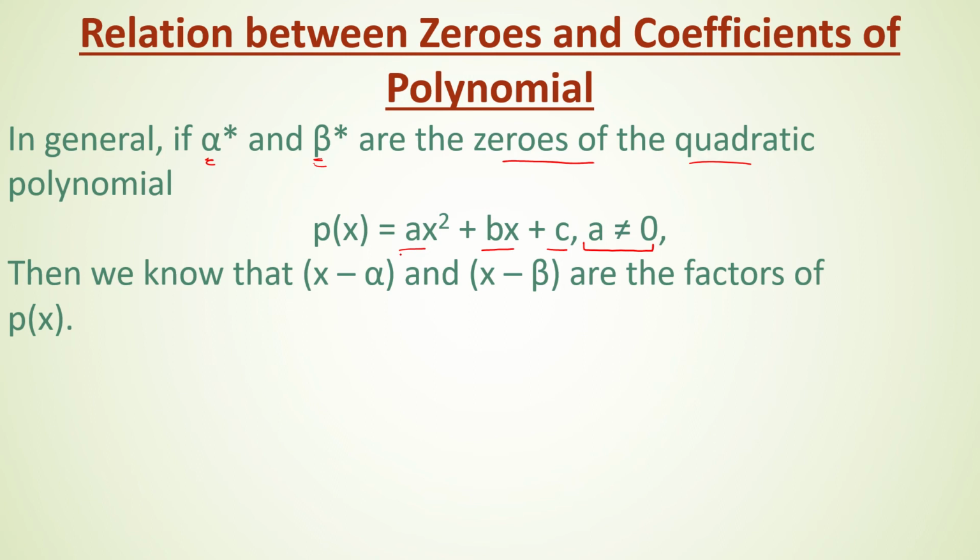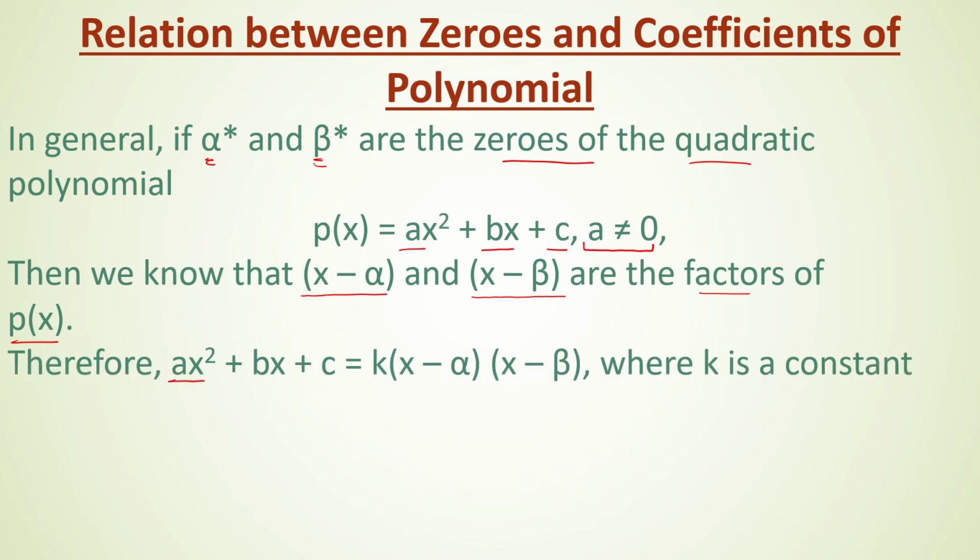Since it is a second degree polynomial, it can be factorized as x minus alpha into x minus beta, or we can say x minus alpha and x minus beta are the factors of the polynomial p(x).